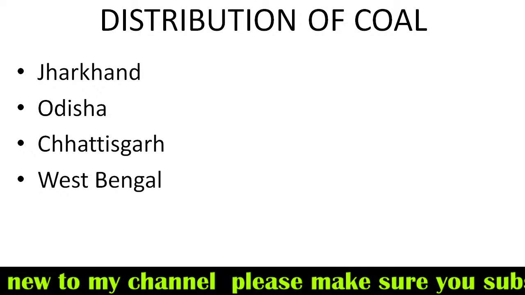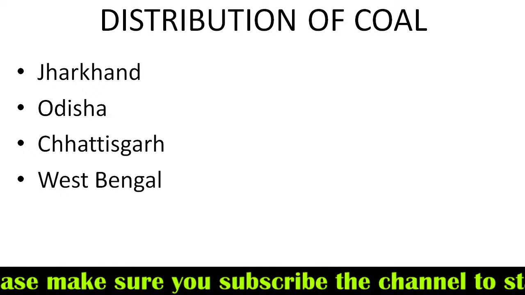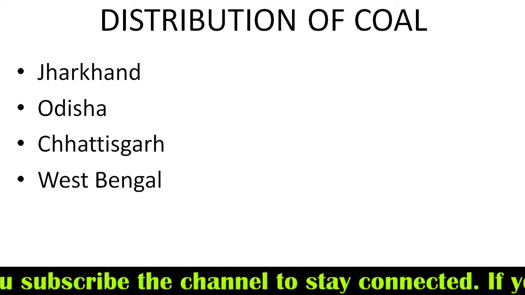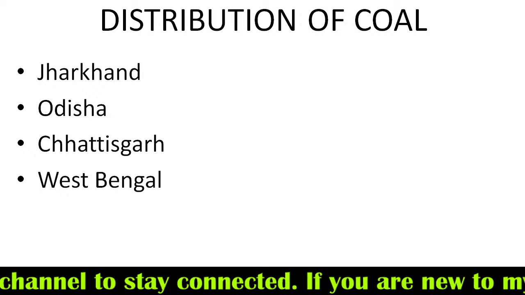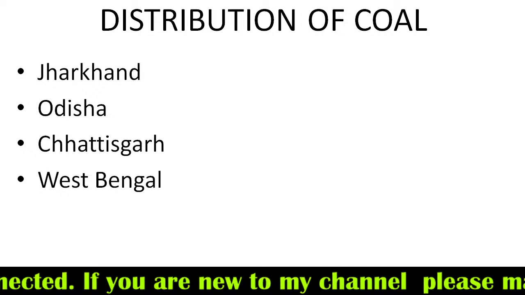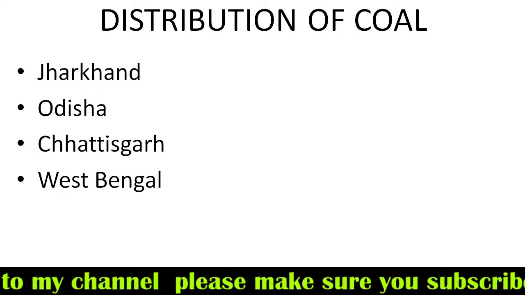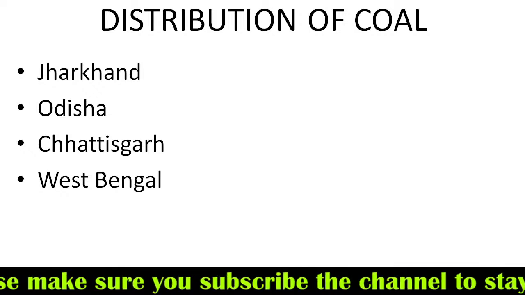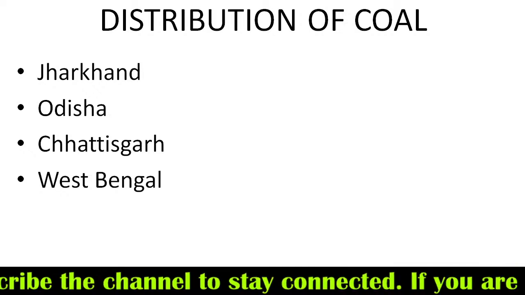and reserves also. Now coming to consumption of coal, if you see in India, how coal is used in India. For electricity purpose, 69.56% is consumed. In the steel sector, 8.55% of coal is consumed.